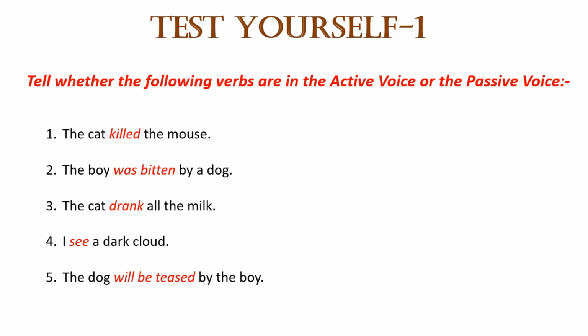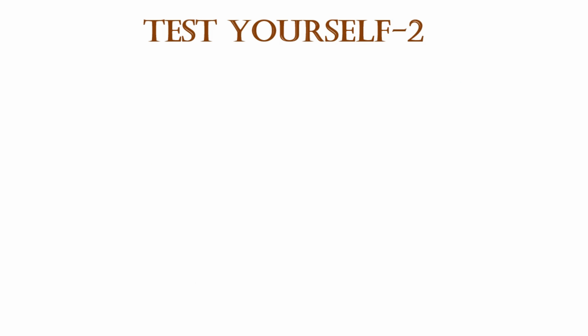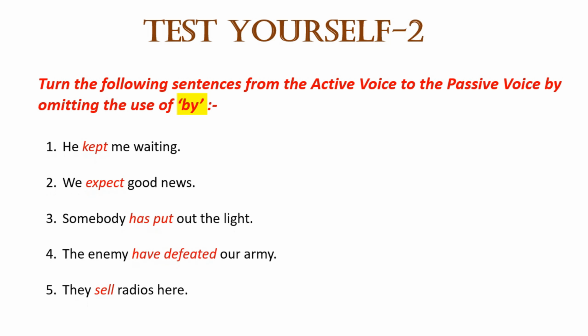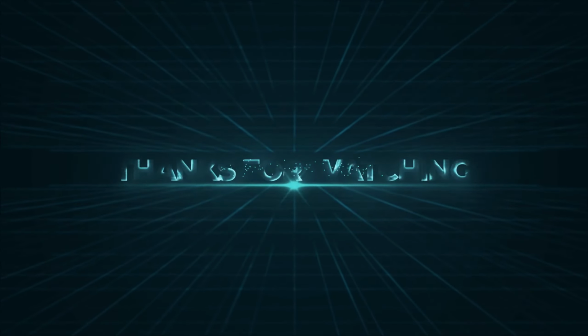You can write your answers in the comment section. Turn the following sentences from the active voice to the passive voice by omitting the use of by. These are typical examples. You can again try your answers in the comment section.